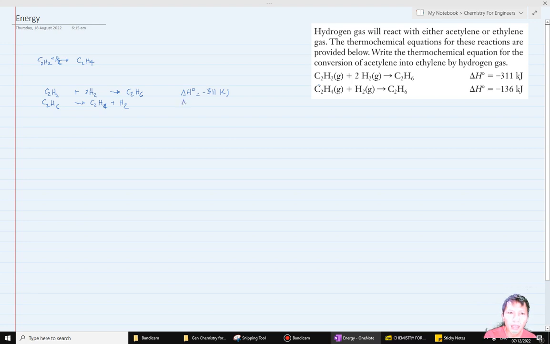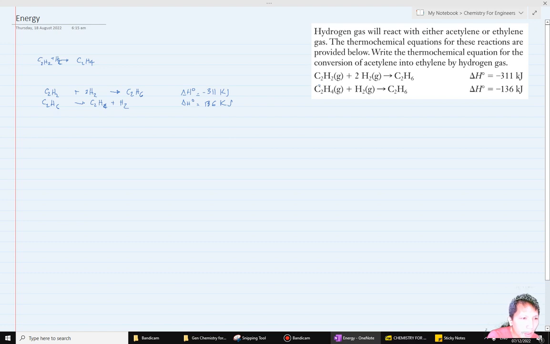Of course, the delta H for this one would be positive, so this would be an endothermic one, 136 kilojoule. So 136, and you'll notice there's no per mole. So this is already a standard, and from the table it should be kilojoule per mole.